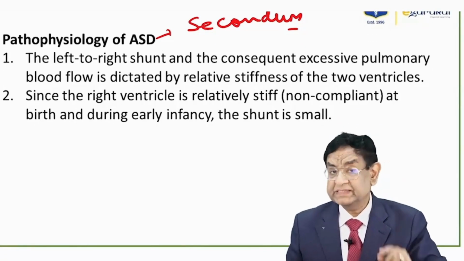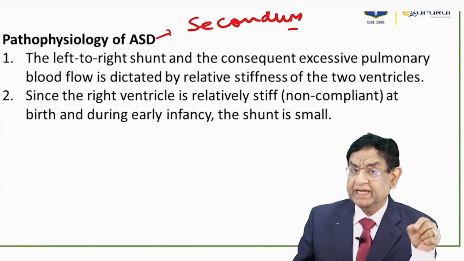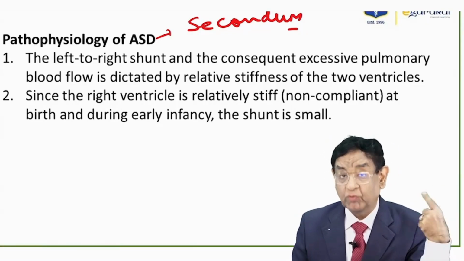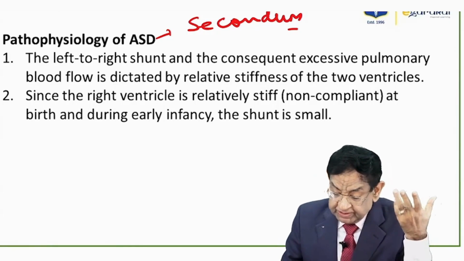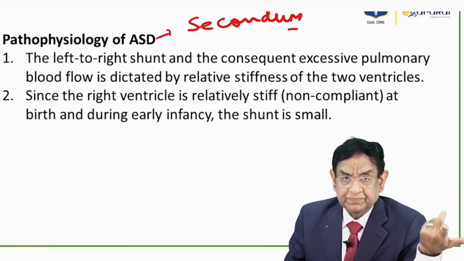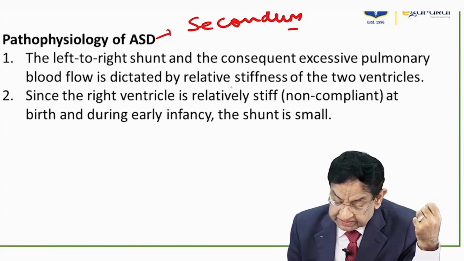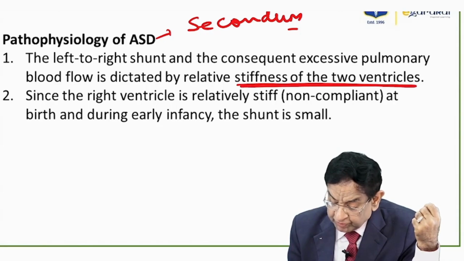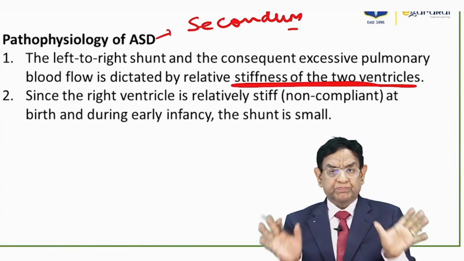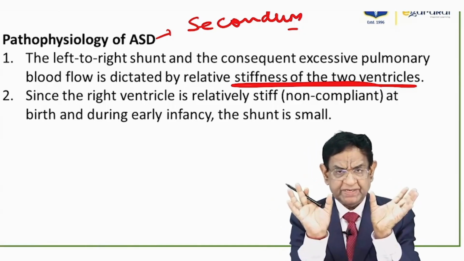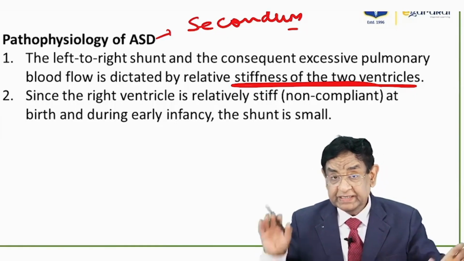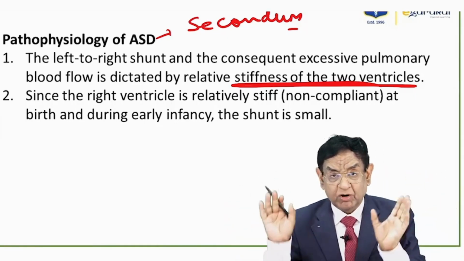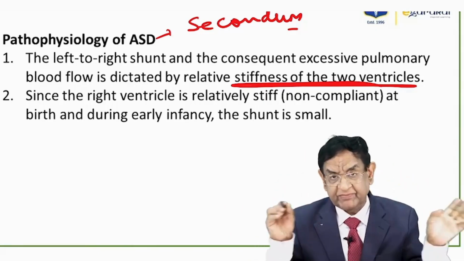So in secundum, this PAH occurs much later. Why? Let's learn the basics. When the child is born, there is stiffness of the two ventricles. Yes, when the child is born, both ventricles are very stiff. That's why all the pressures were normal at the atrial level and the ventricle level.